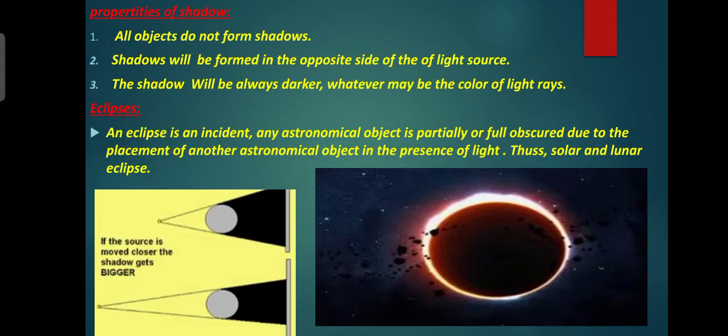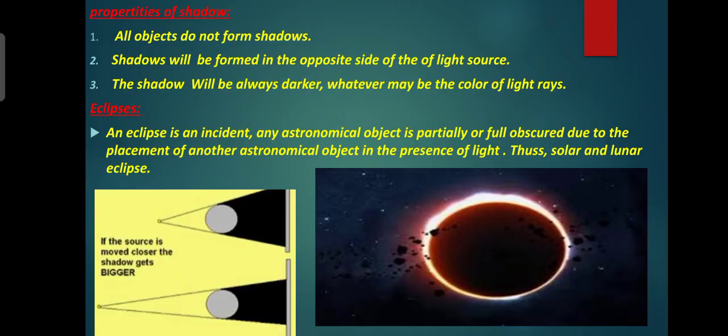Next one, eclipses. The earth, along with the other planets, revolves around the sun in its orbit. In turn, the moon revolves around the earth in the moon's orbit. There comes a time when three heavenly bodies get aligned in the same straight line.